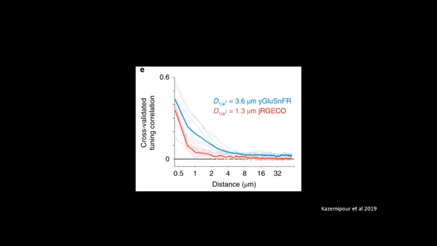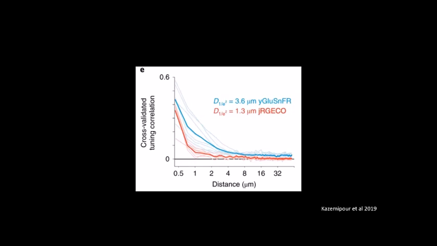Another way to quantify that concept, of whether there are signals spreading to where they shouldn't be, is to calculate the autocorrelation of those tuning curves. If you measure pixel-wise tuning curves, you can measure their autocorrelation in space, which gives you a sense of the spatial extent that the indicator samples in brain tissue.